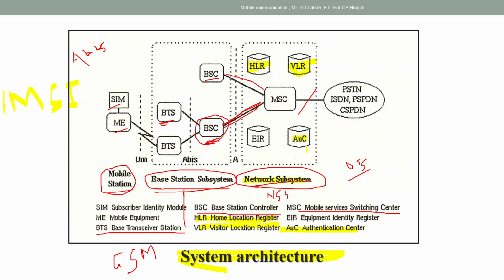AUC is a strongly protected database which takes care of authentication and handles the encryption keys for all the subscribers in the HLR and VLR.